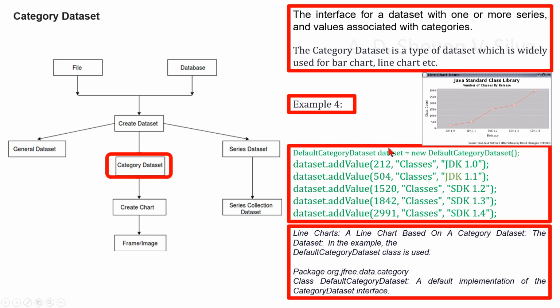A line chart based on the category dataset simply connects each category and value data items using straight lines.